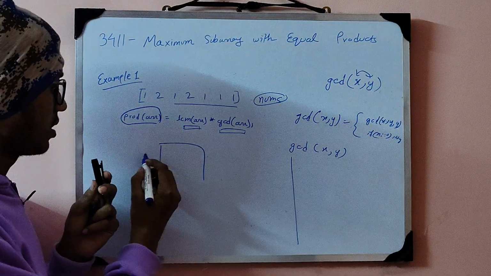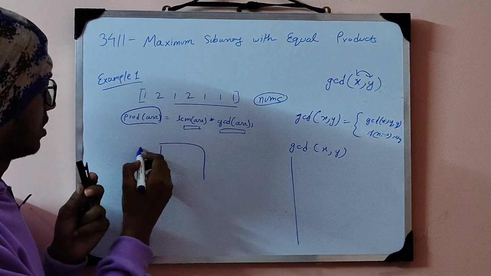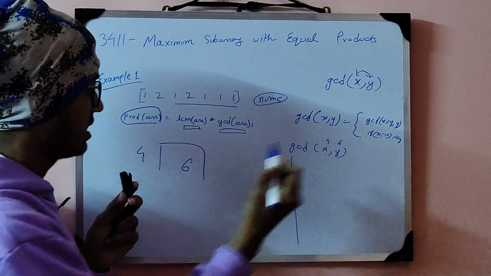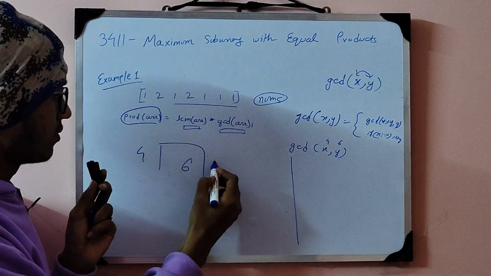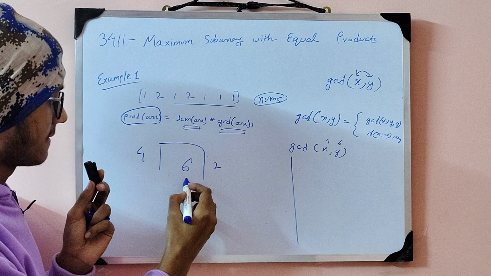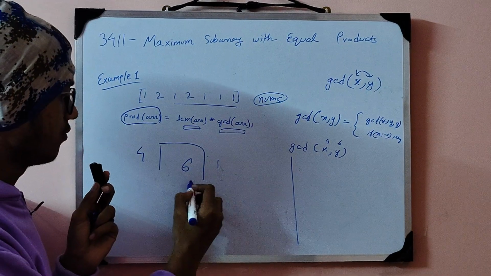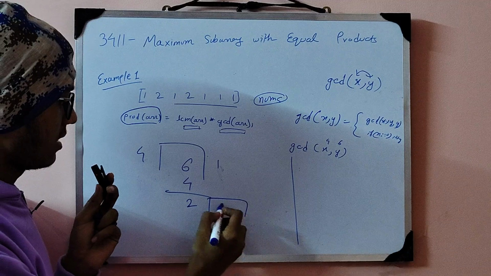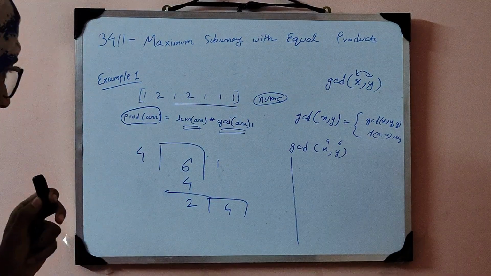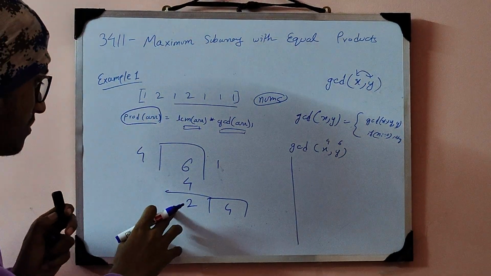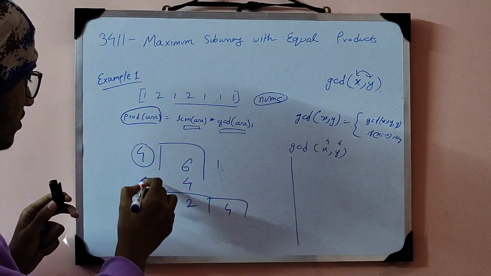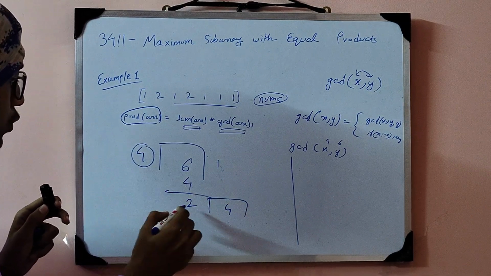Okay, suppose here is 4 and here is 6. Suppose our x is 4 and y is 6. 4 ones are 4. We are getting remainder 2, and here will be 4. So for the next step, my x transfers from 4 to 2.